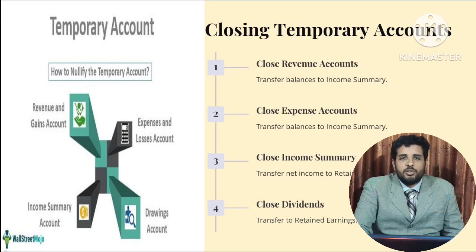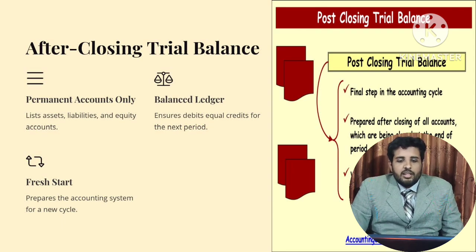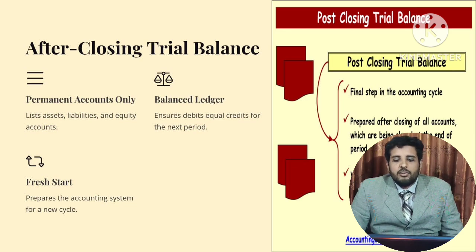So now let's move on to our next slide, which is about the after-closing trial balance. The after-closing trial balance is prepared once all the temporary accounts are closed. The document lists all the remaining accounts in the ledger, which are exclusively permanent accounts, which may be assets, liabilities, equities, and so on.